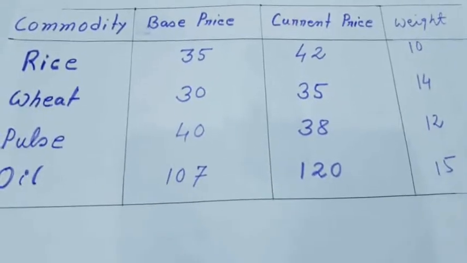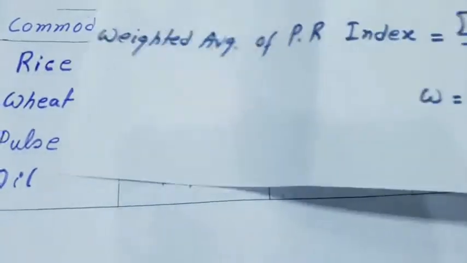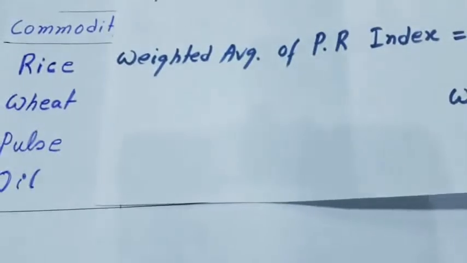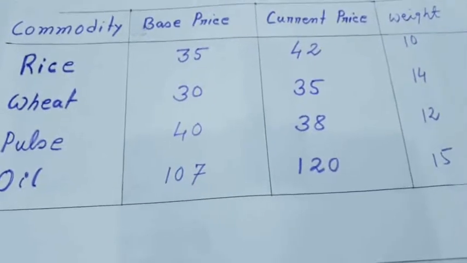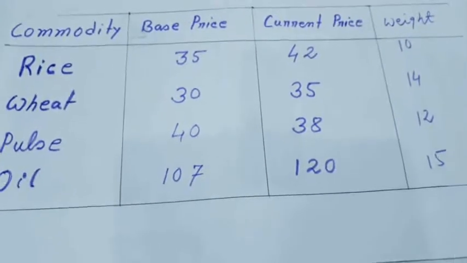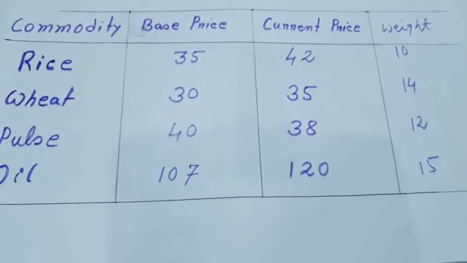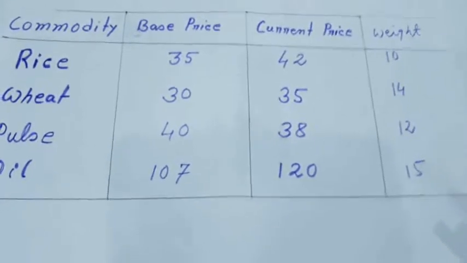Now we have to construct the index number by weighted average of price relative index. For that, we have to make a table which will be helpful to construct the index number by that particular method.